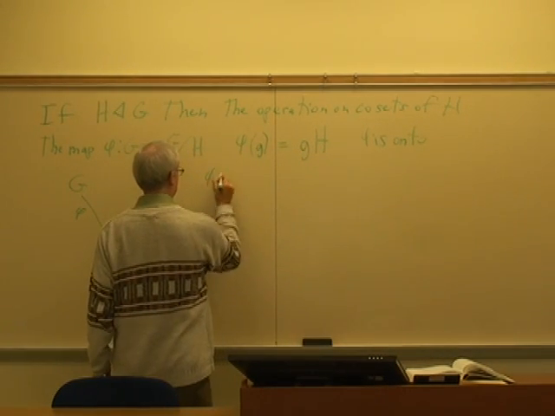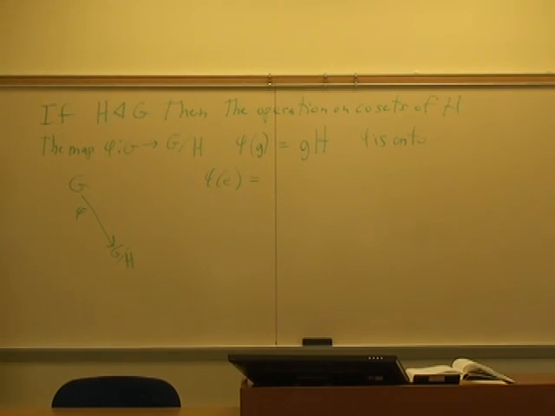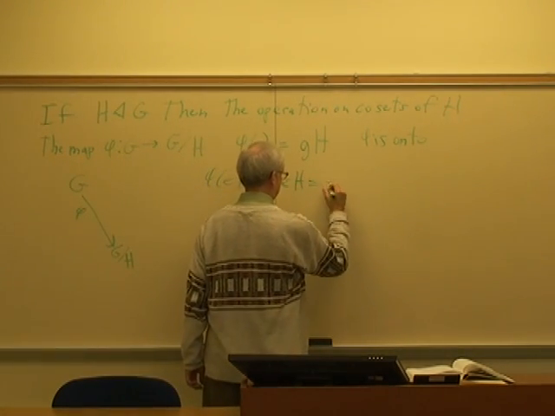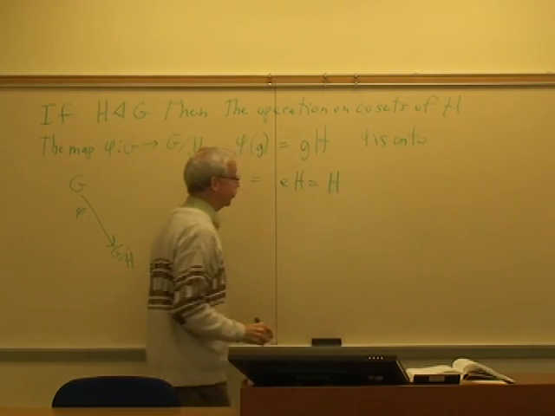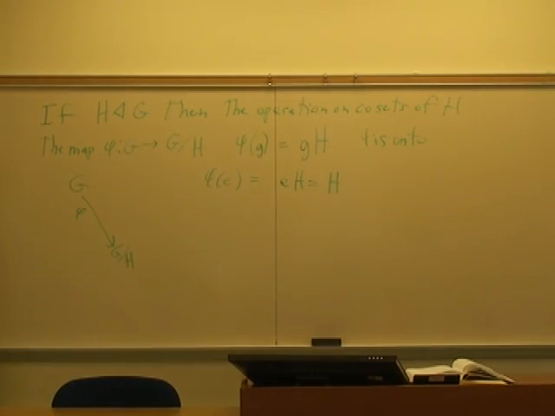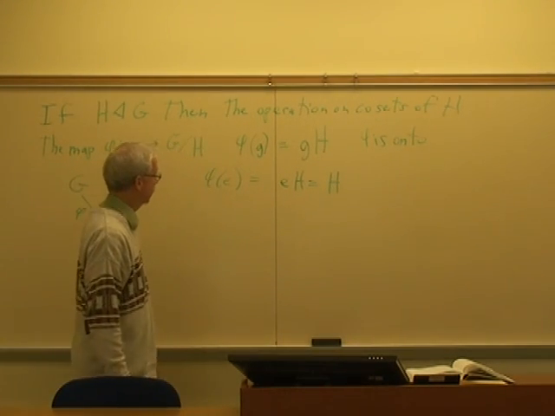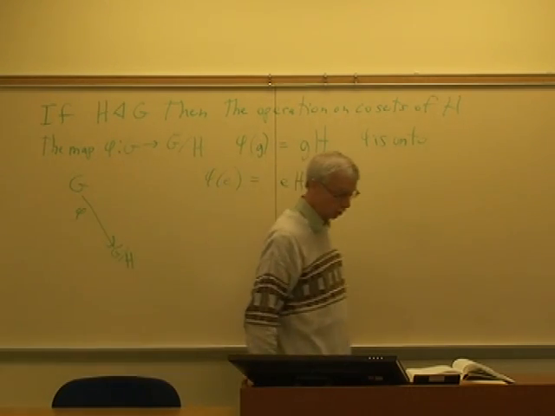Under this map, what is phi of the identity by definition? eH, right? Which is H. And H is the identity in the quotient group. So identity gets mapped to the identity. That's an easy one-liner, and that's always true of any homomorphism.